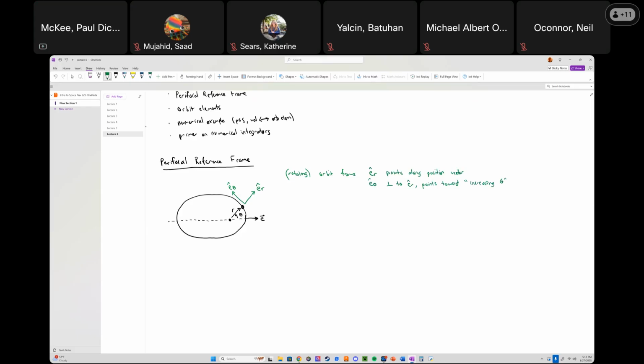And I guess you could say, this is supposed to be a theta, by the way. I have a hard time with thetas and zeros. They tend to look similar for me. Maybe someone can sympathize. And then we'll just say z is perpendicular to the orbit plane. Or you could just say it completes the right-handed system.